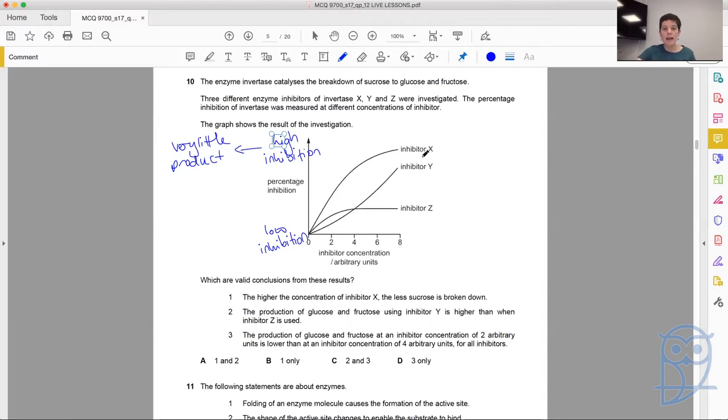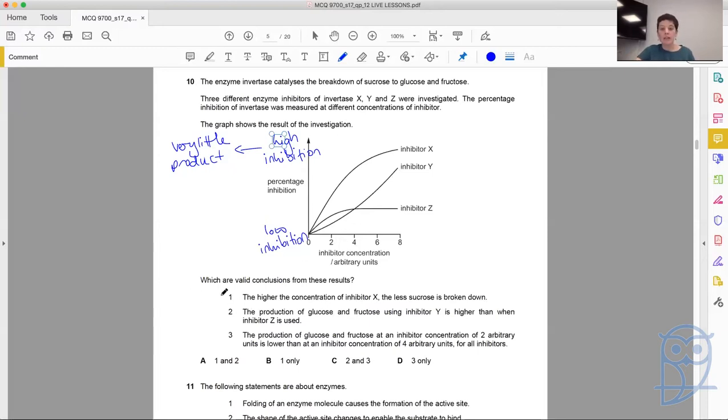So inhibitor X at high concentration has high inhibition. Inhibitor Y at high concentration, sort of high. Inhibitor Z flattens out. It has sort of medium inhibition, let's call it, all the way from 4 up. Okay? It doesn't get any more inhibiting.